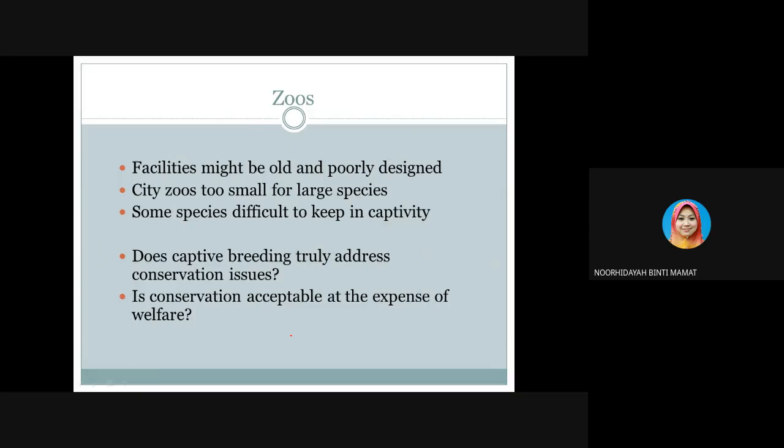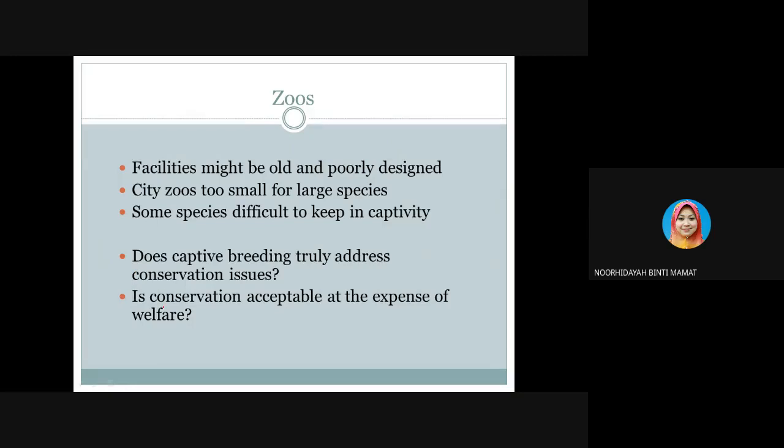Furthermore, the zoo should also contribute to the conservation of endangered species by promoting in situ, which we call in the wild conservation, as opposed to ex situ, which is captive conservation. There are serious concerns about the welfare of animals kept in zoos, which raises several questions: does captive breeding truly address the conservation issue, or is the conservation acceptable at the expense of welfare?